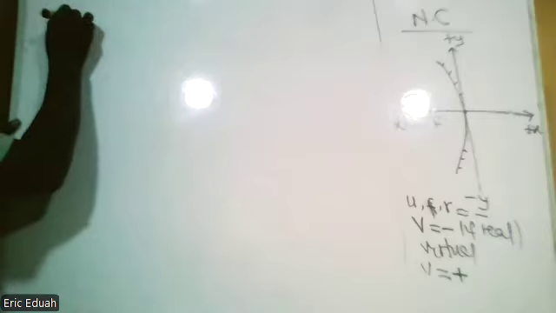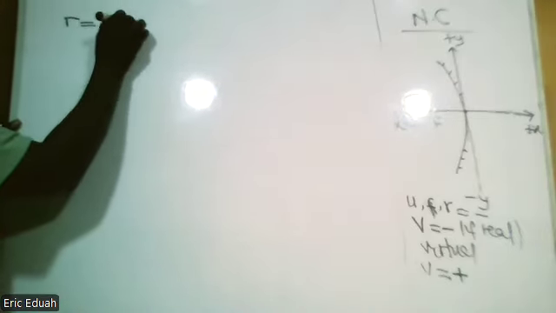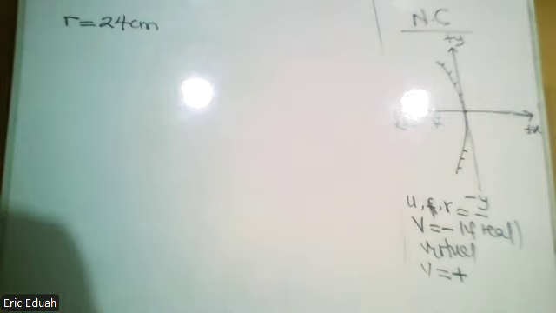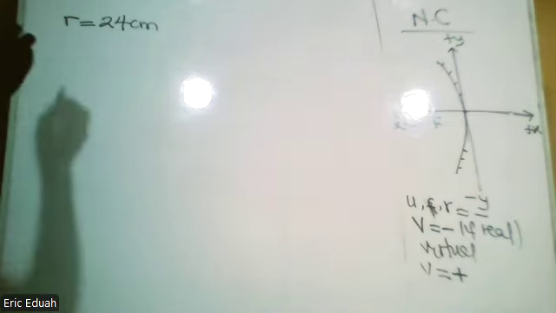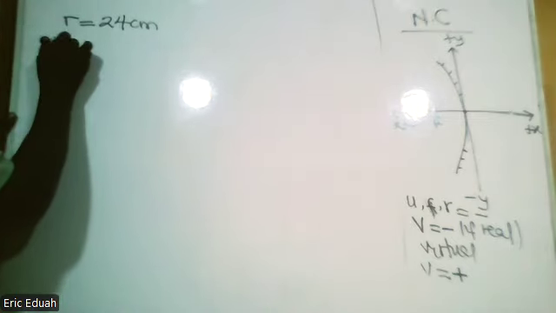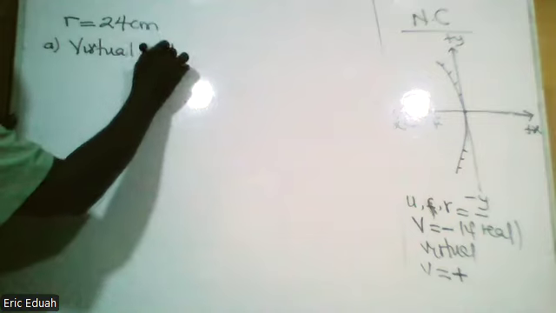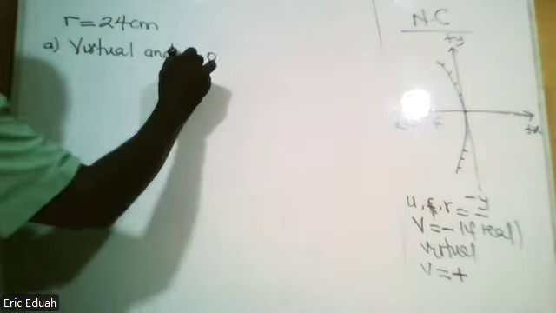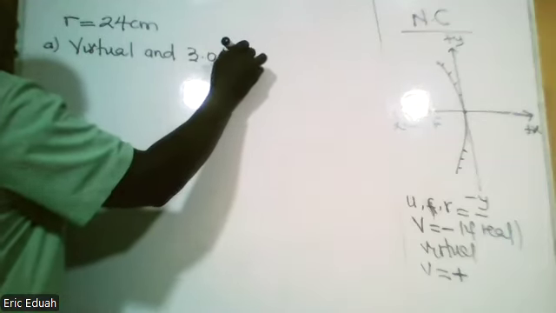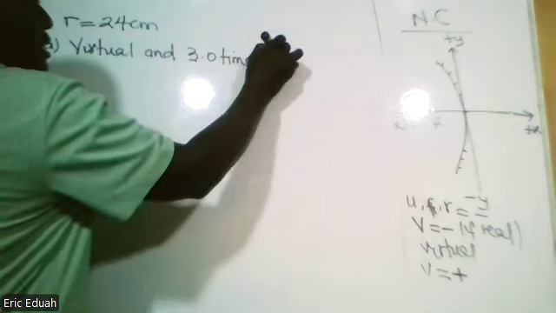The question says that a concave mirror has a radius of curvature of 24 centimeters. So R is equal to 24 centimeters. How far is an object from the mirror if the image formed is A, virtual and linear magnification is 3 times the size?